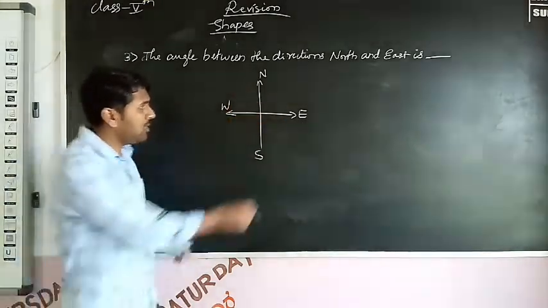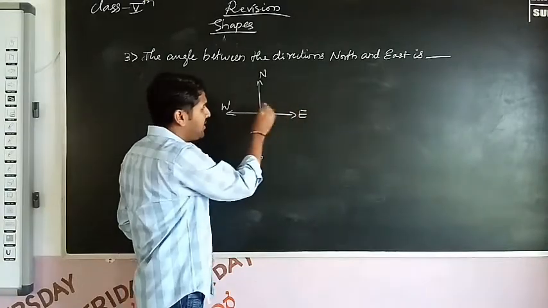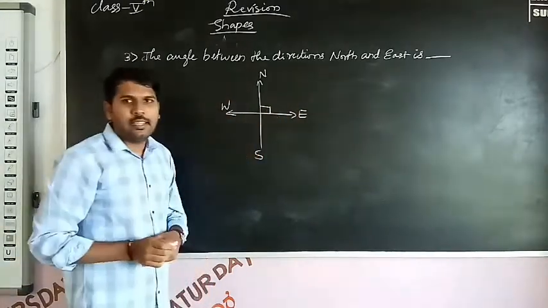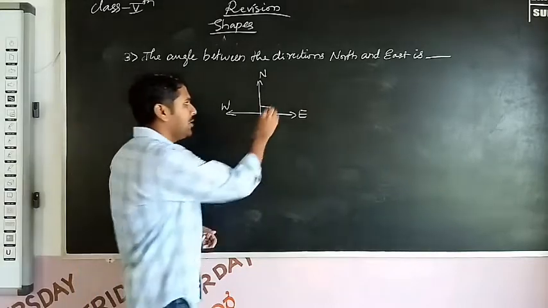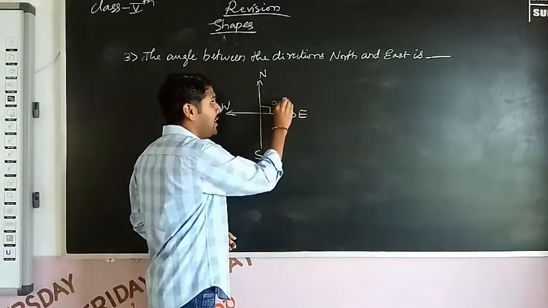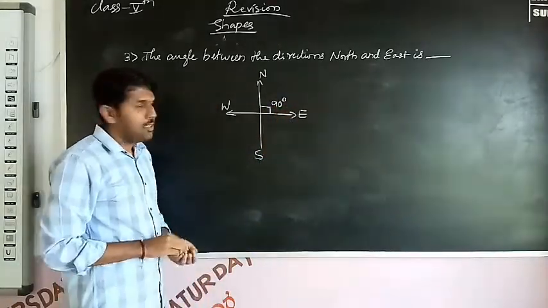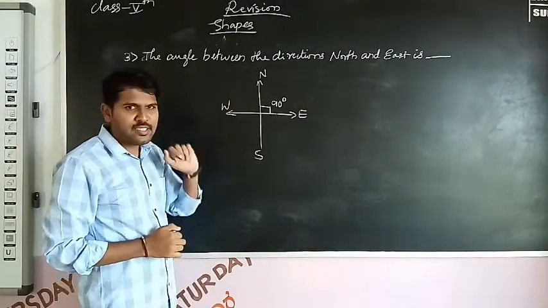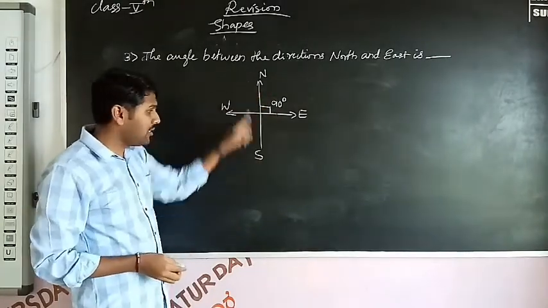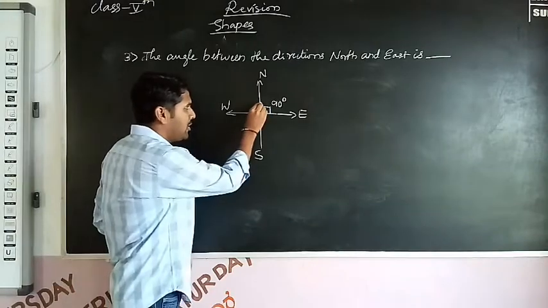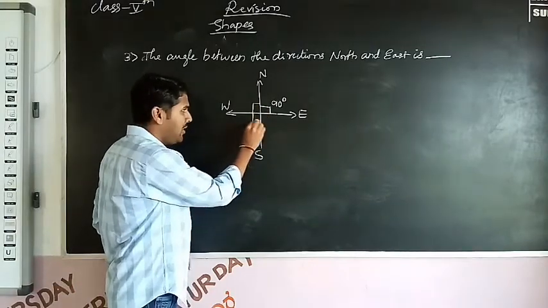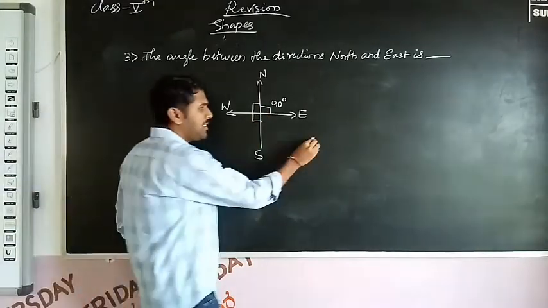In between these two directions, north and east, what will be the angle? The angle is 90 degree. So north and east direction is 90 degree. If they ask north and south, this is 90 and this one is 90. 90 plus 90.